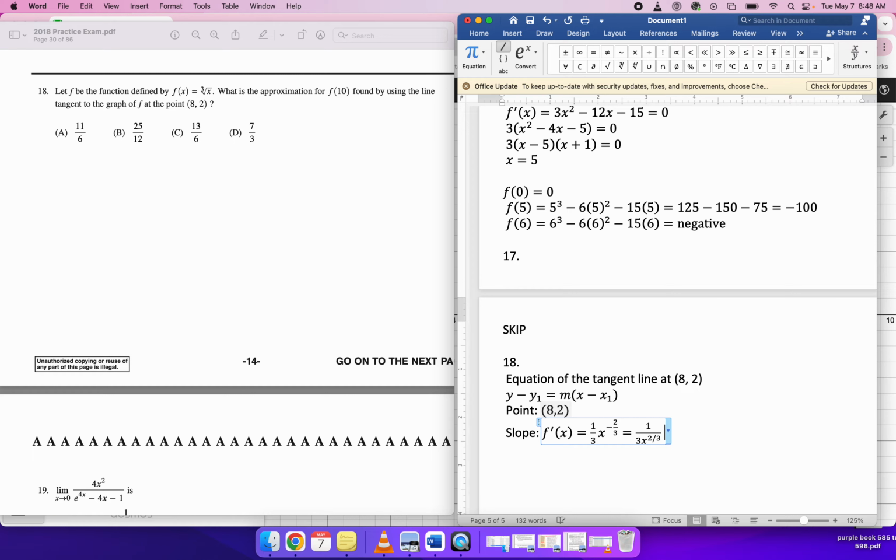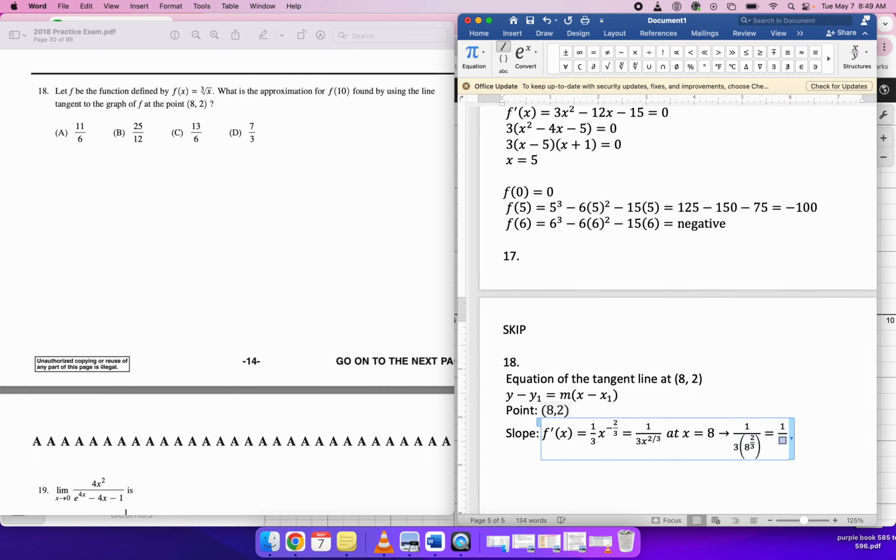So if I evaluate that at x equals 8, then I get 1 over 3 times 8 to the 2/3.